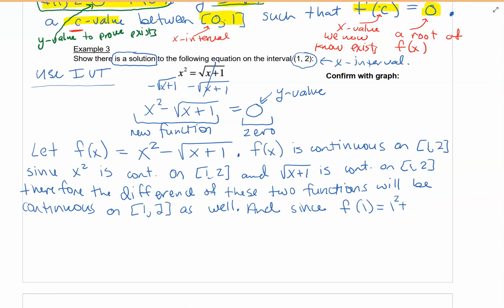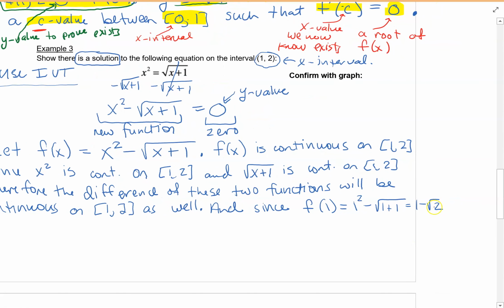Oops, sorry, it's minus. Now the square root of 2 we know is greater than 1 because it's greater than the square root of 1, which is 1. So we know that this value is less than 0. So f of 1 is less than 0.